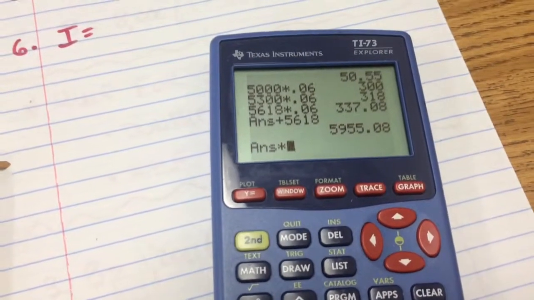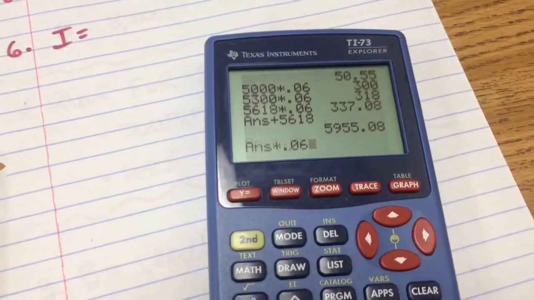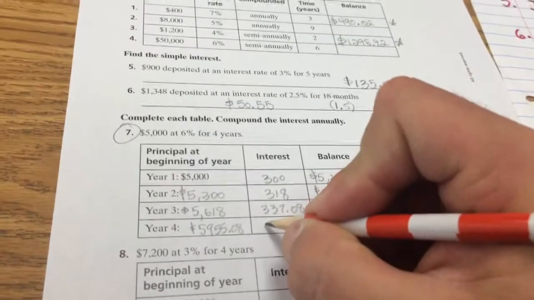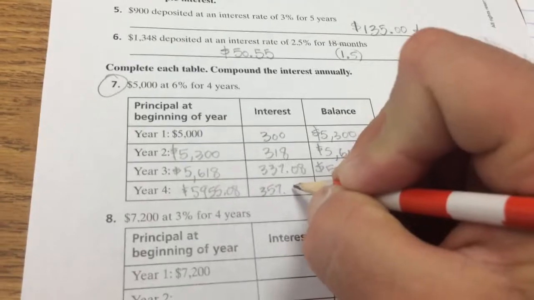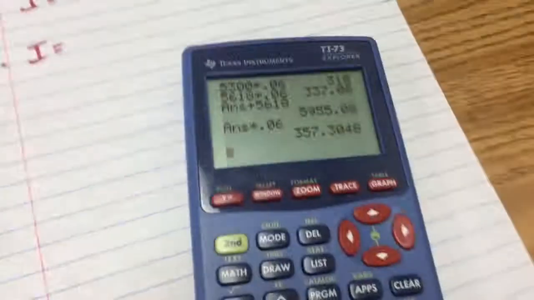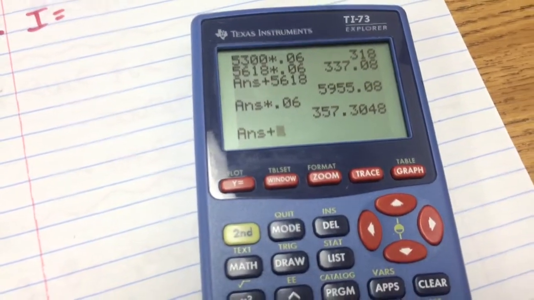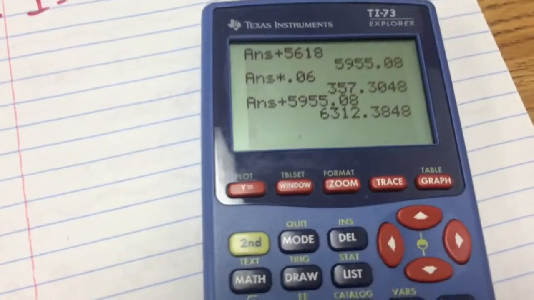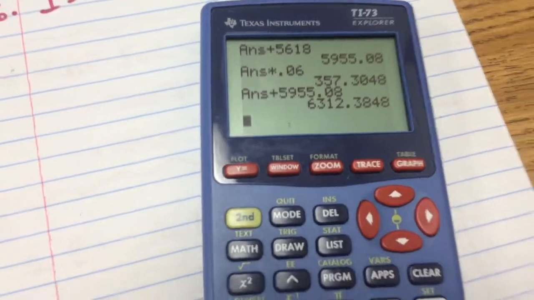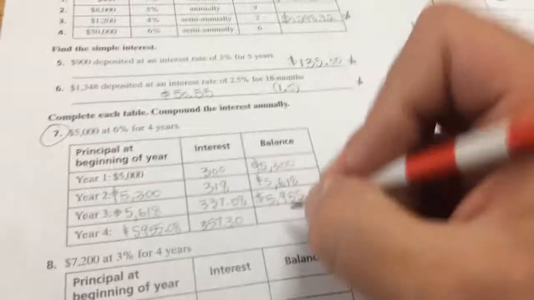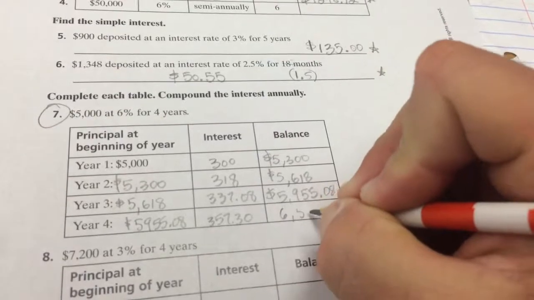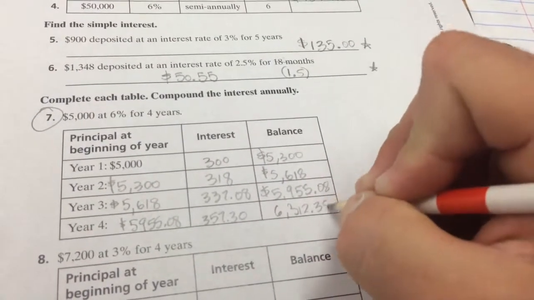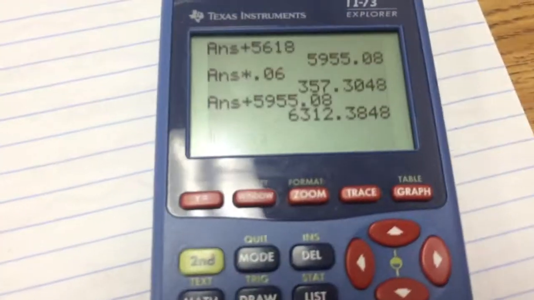Take this final balance times 0.06, enter, $357.30. $357.30. I'm going to add that to 5955.08, enter, and it looks like I'm looking at $6,312.38 is the final number I get.